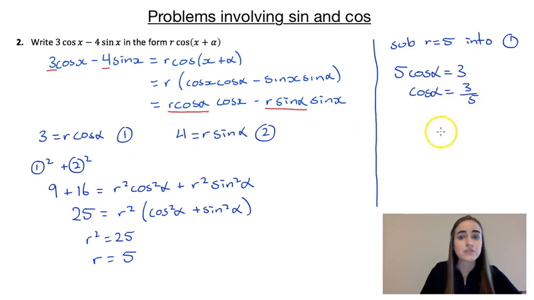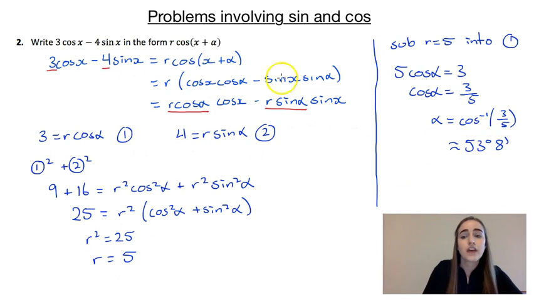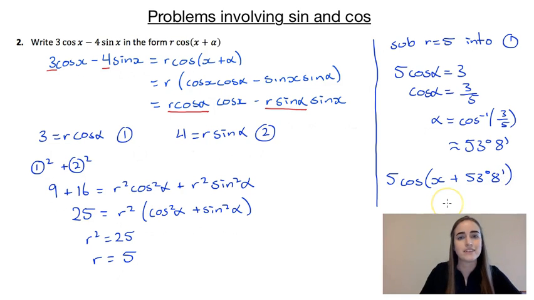Now this isn't one of our exact values, so we're going to have to find alpha by going cos inverse of 3 over 5, which is going to give us about, to the nearest degree, 53 degrees and 8 minutes to the nearest minute. So that means that we can rewrite this expression here as 5 cos(x + 53 degrees and 8 minutes).